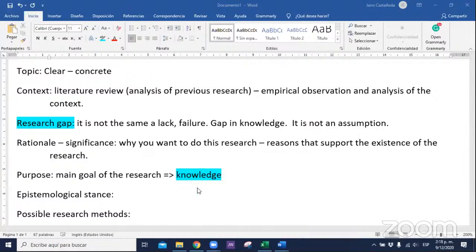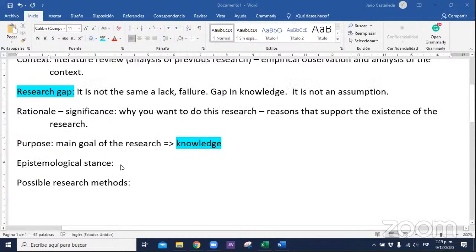That is why in most cases the objectives could be to analyze, interpret, understand, describe, identify, exemplify, right? Those kinds of verbs indicate that you are going to give us knowledge with the results of the research. That is one of the main things you have to take into account, okay?